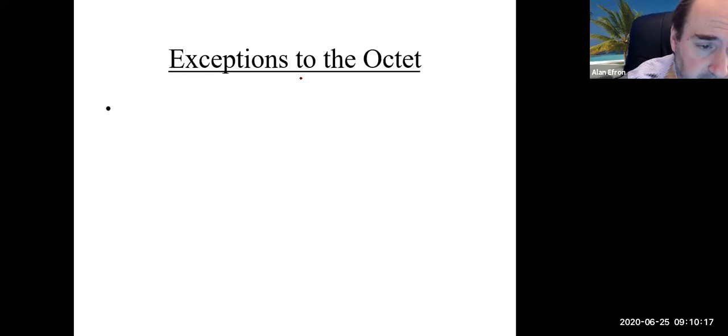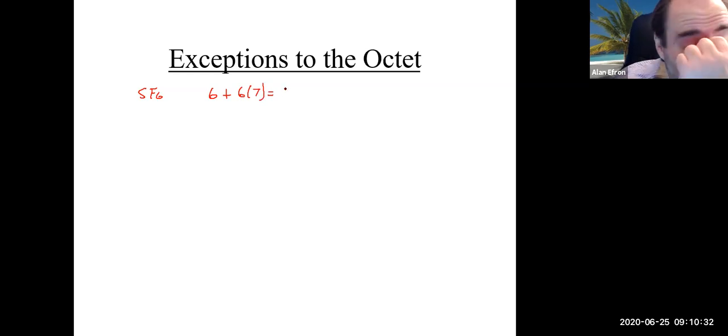If we looked at SF6 and we drew it, sulfur is 6, plus 6 times 7 for our fluorines, and that is 42, so 48 electrons. It would be the same idea.